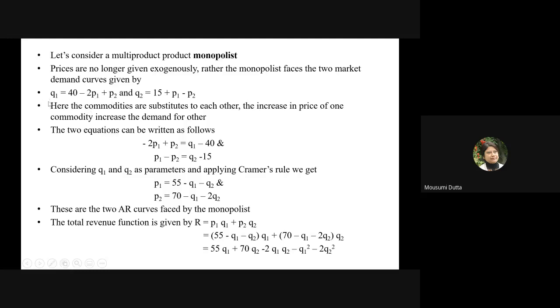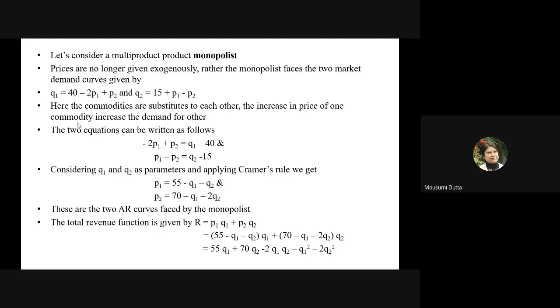So the demand equations are given in the form Q1 is equal to 40 minus 2P1 plus P2, etc. Now, when you try to maximize the profit, both the revenue function as well as the cost function should be given in terms of Q, or Q1, Q2, Q3, etc. So revenue and cost functions should be written in terms of Q.